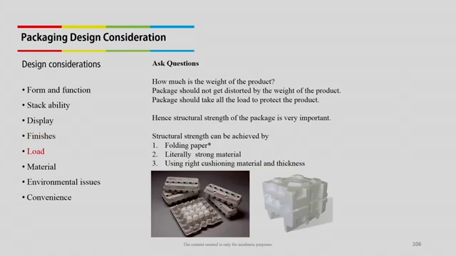The designer should also consider the load. How much is the weight of the product? The package should not get distorted by the weight of the product. The package should take all the load to protect the product. Hence, the structural strength of the package is very important, and structural strength can be achieved by folding paper, using strong material, and using the right cushioning material and thickness.